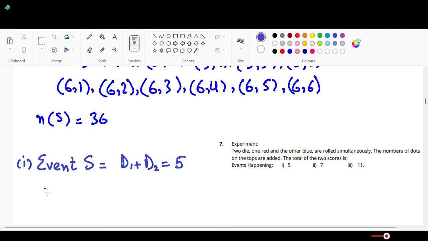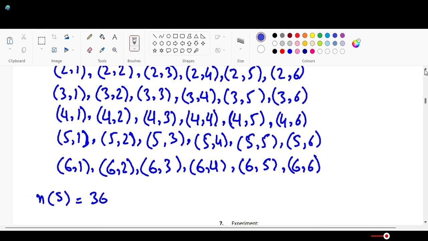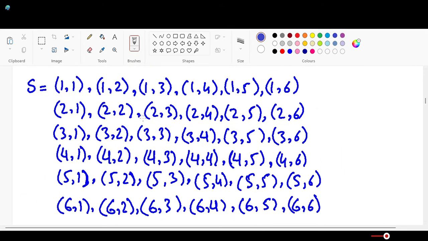Okay, so how many of these combinations add up to 5?